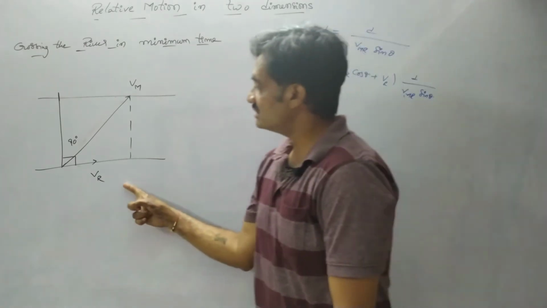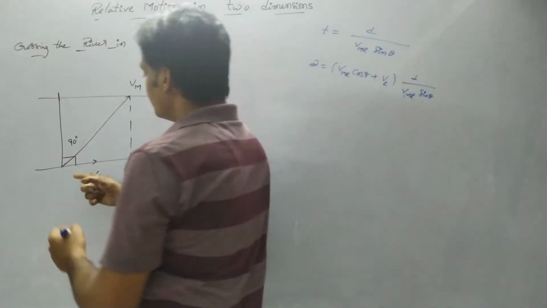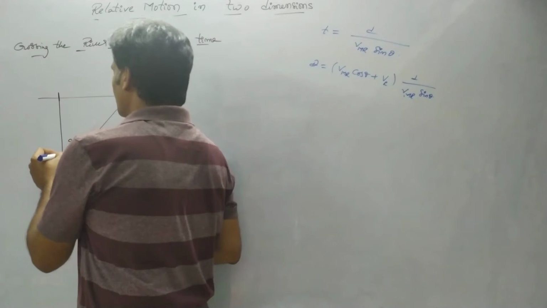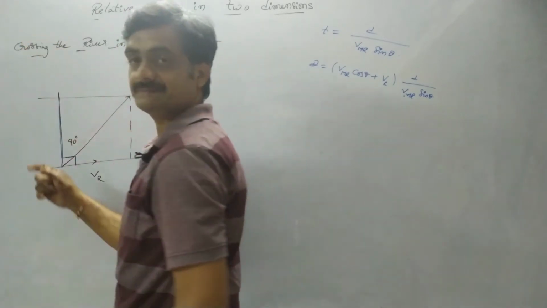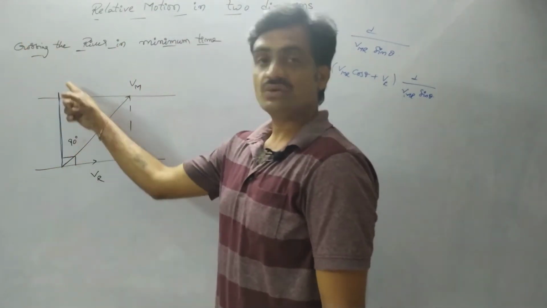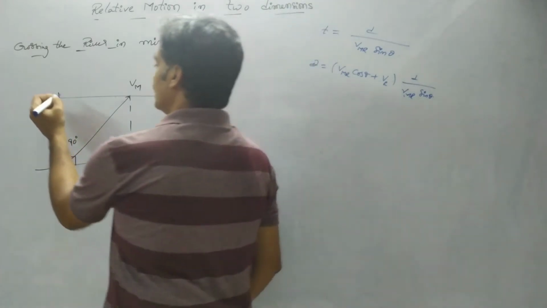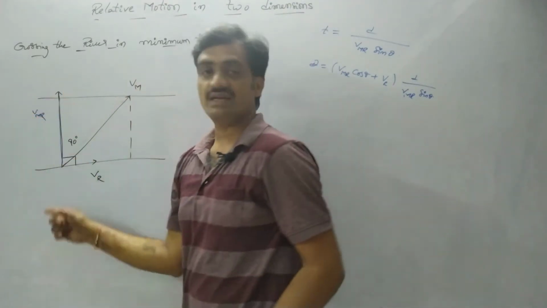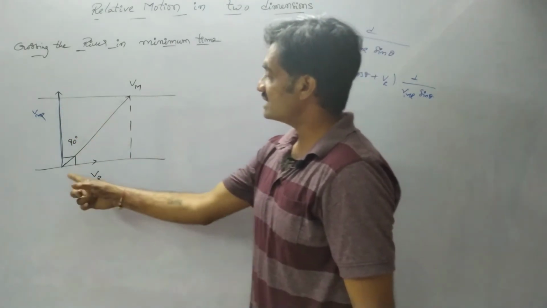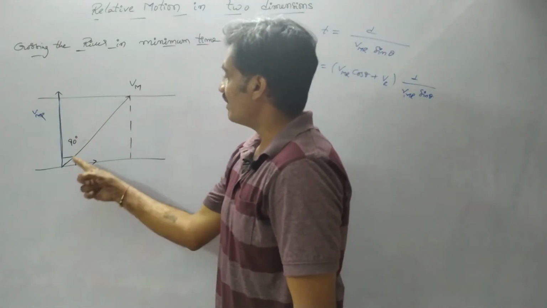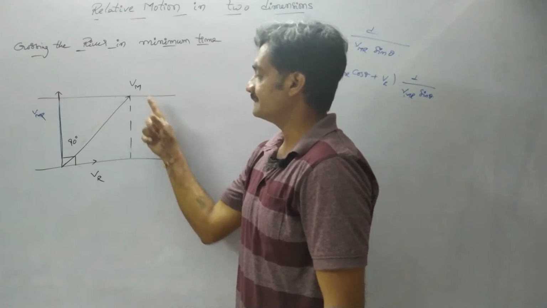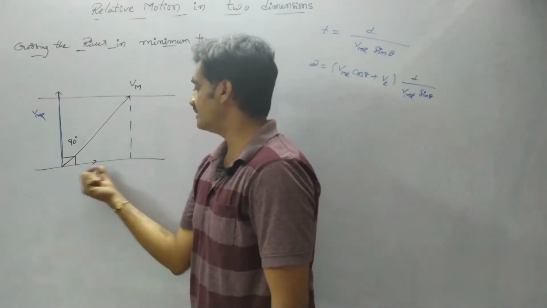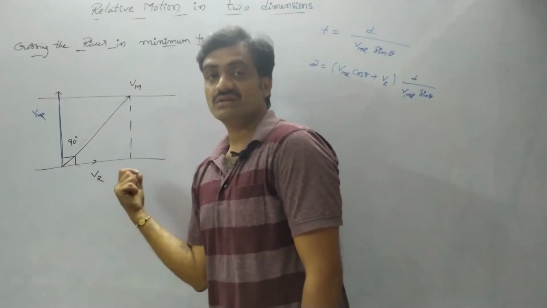In order to cross the river in minimum time, the man has to cross the river along the width. The person has to cross the river along this line. So the velocity of the man with respect to river is represented along the vertical y-axis, and the velocity of the river is represented along the bed.